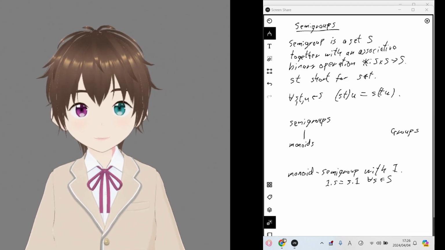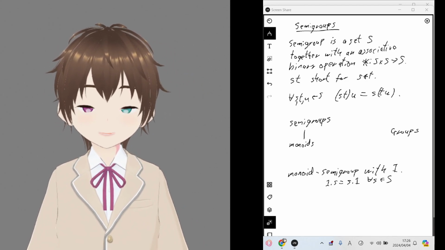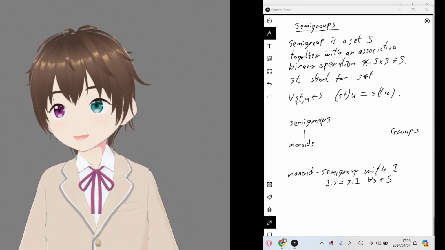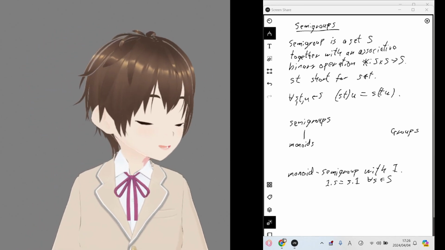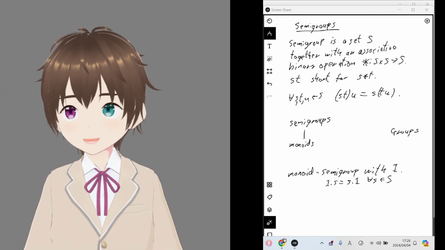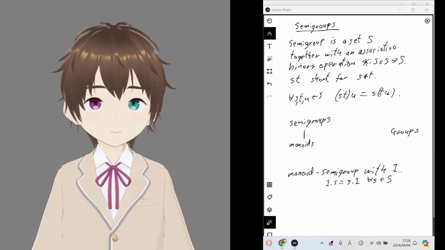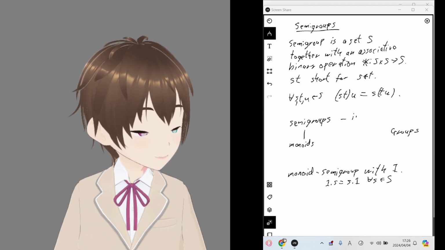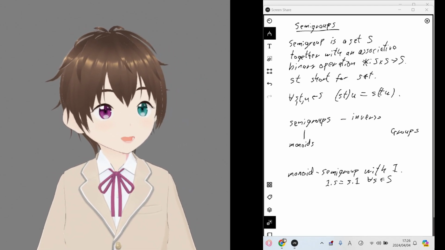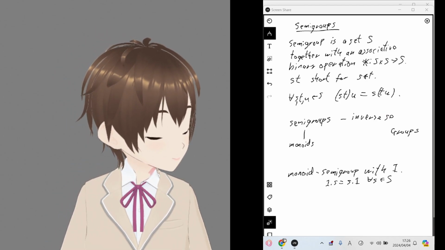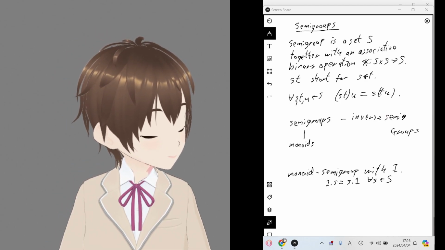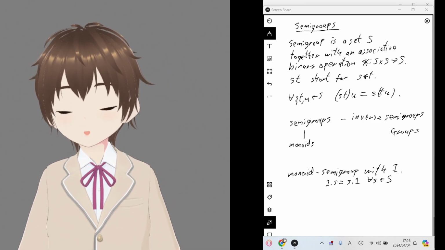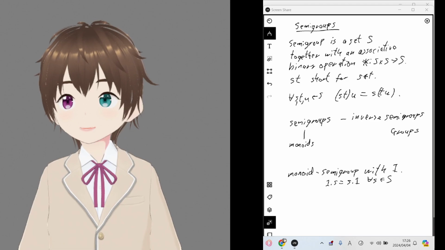Groups are stronger than monoids if you accept the standard definition. I have this sort of weird thing going on where I like to count the empty set as a group, which would mean not all groups are monoids. But if you accept the normal definition, then groups are monoids. And there's also this class of things called inverse semigroups I want to talk about. Which sound quite similar to groups if you're not familiar with them, because they're like semigroups with inverses, and that's what groups are.